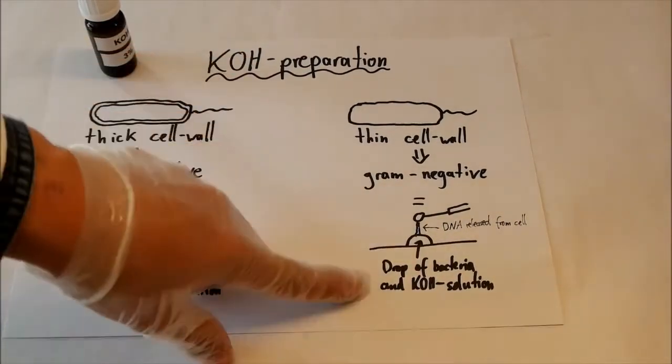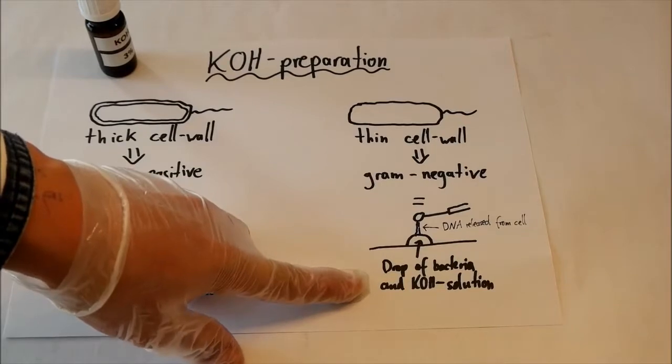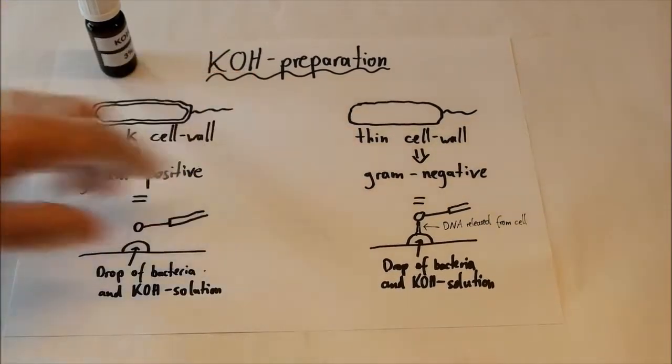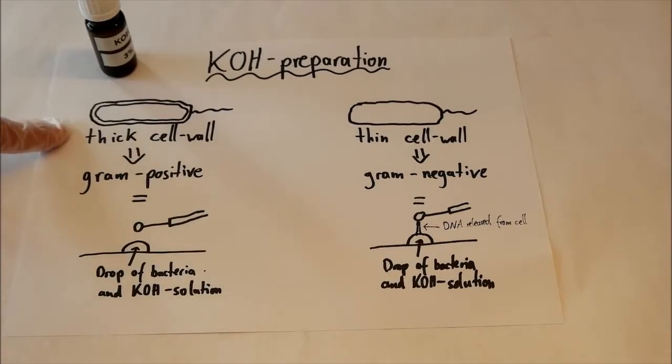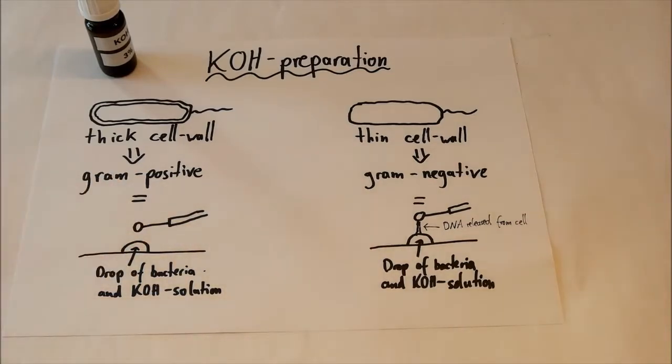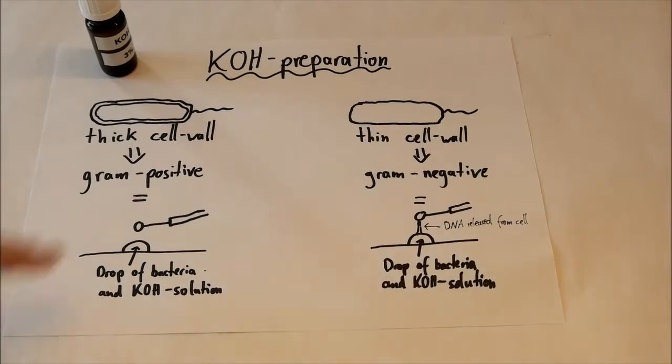This is because the potassium hydroxide can destroy this thin cell wall, but not this thick cell wall. So on gram-positive bacteria there will be no thin lines of DNA between the loop and the drop.